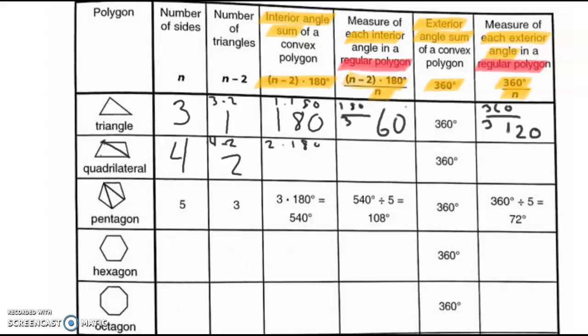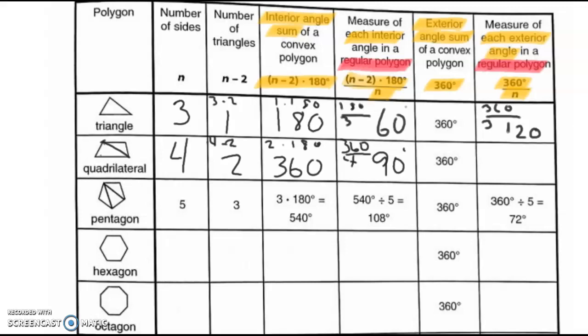Each triangle has a sum of 180, and that gives me a sum of 360. So the sum of the angles in a quadrilateral are 360. Now, if I have a regular quadrilateral, I take the sum, 360, and divide it by 4. And a regular quadrilateral would be a square. So that gives me 90 degrees for each angle, which is consistent with a square.